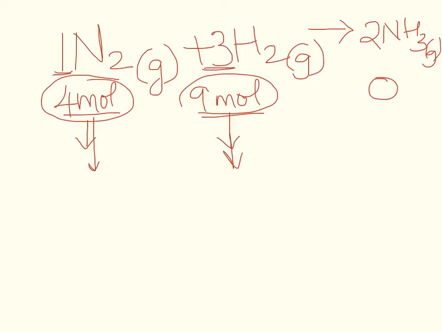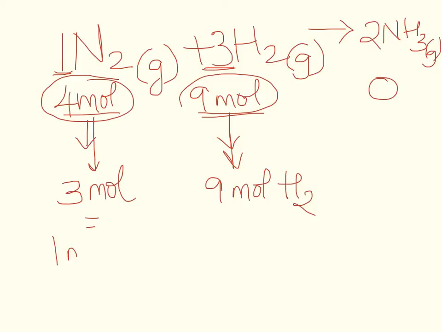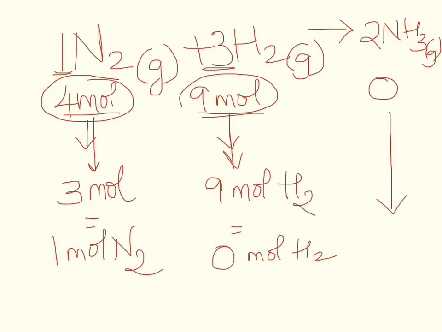So then 3 moles of nitrogen will get used up and 9 moles of hydrogen will get used up. So 1 mole of nitrogen is left over, 0 moles of hydrogen is left over, and in that process you should also remember it's a 1 to 3 to 2 ratio.